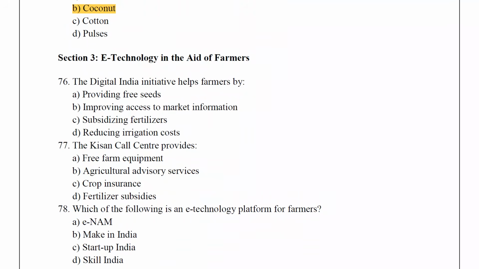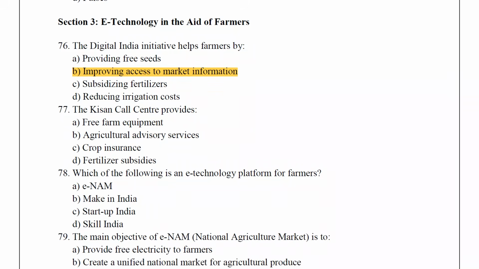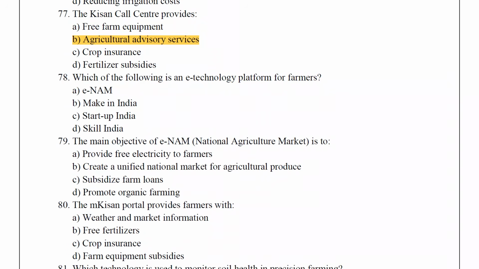Section 3, e-technology in aid of farmers. The Digital India initiative helps the farmers by improving access to market information. The Kisan Call Center provides agricultural advisory services. Which of the following is an e-technology platform for the farmers? eNAM, N-A-M.